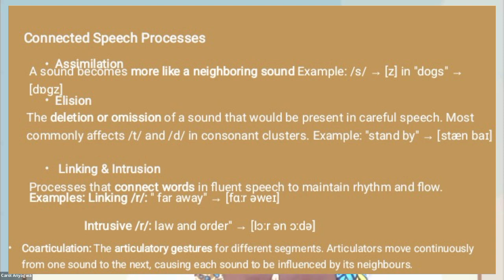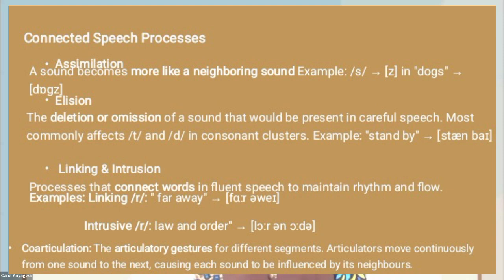But the moment I add "away," for the fact that the initial segment of "away" is a vowel, that final segment that was supposed to be in "far" but was not pronounced resurfaces and it now becomes a source of linking for the two words. So while I'll say "far," I will say "far away."